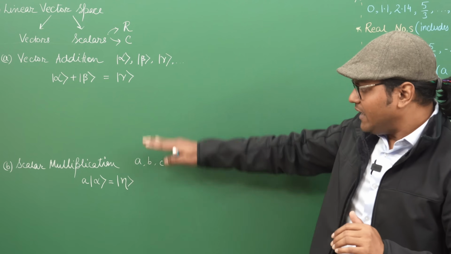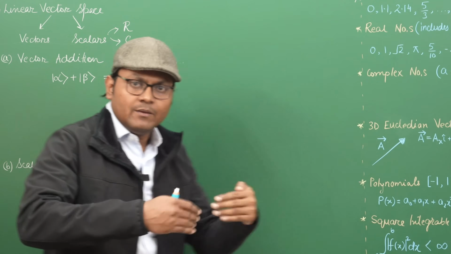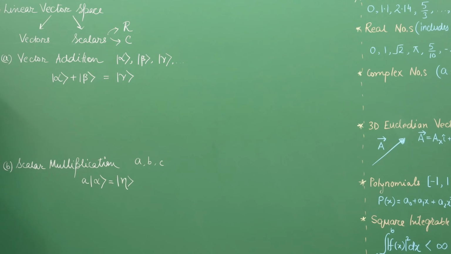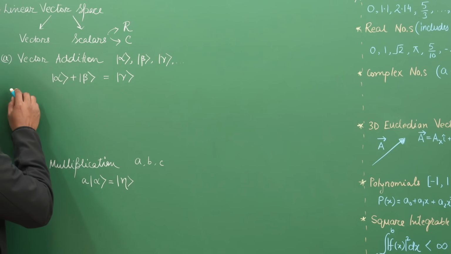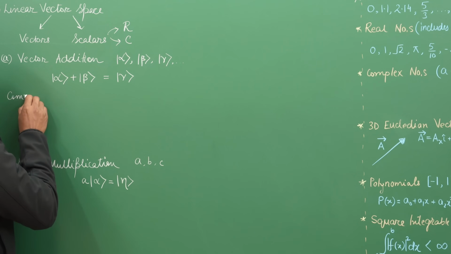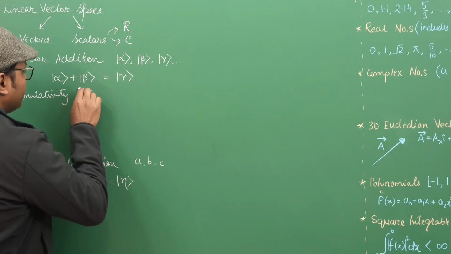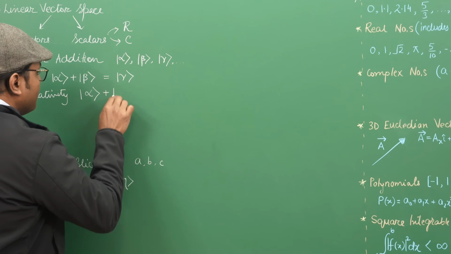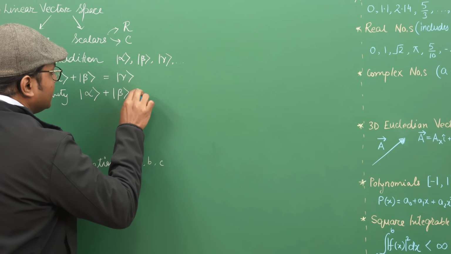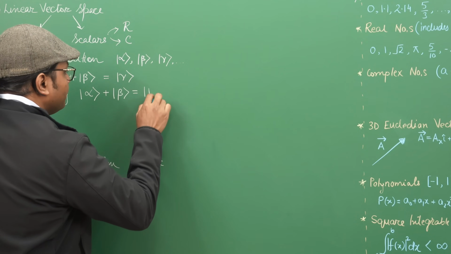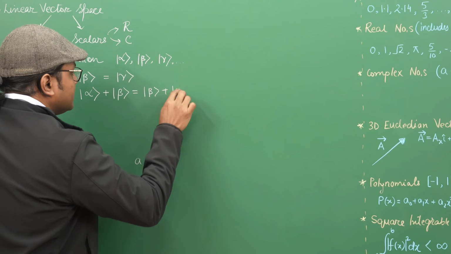Now, the moment I define these two operations, we end up getting a few other related properties. For example, we have the property of commutativity, which means that the order of the sum of two vectors is not important. That means alpha plus beta is equal to beta plus alpha.